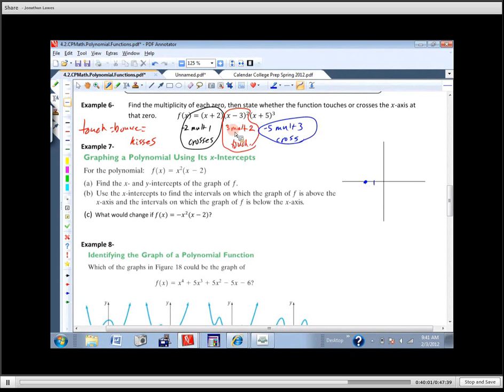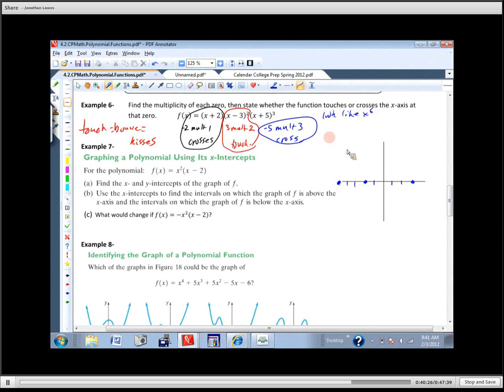I need it to go through 3. And I need it to go through -5. Okay. If I multiply all these together, that's going to be x. That's going to be x squared, so I'm up to x to the third. And this is going to be another x to the third, so this is going to look like x to the sixth, right?